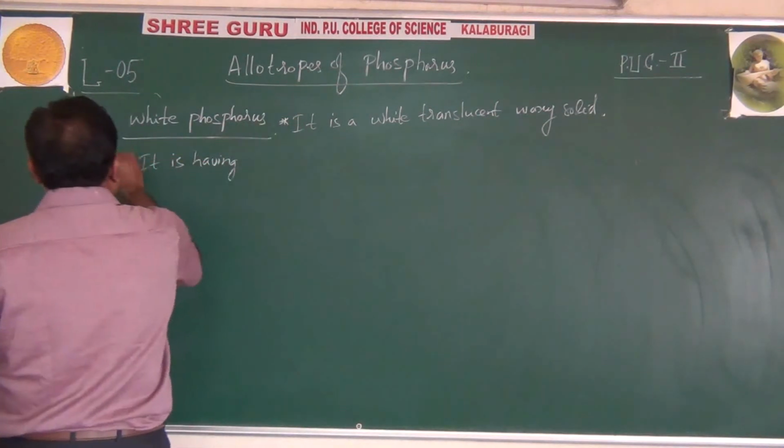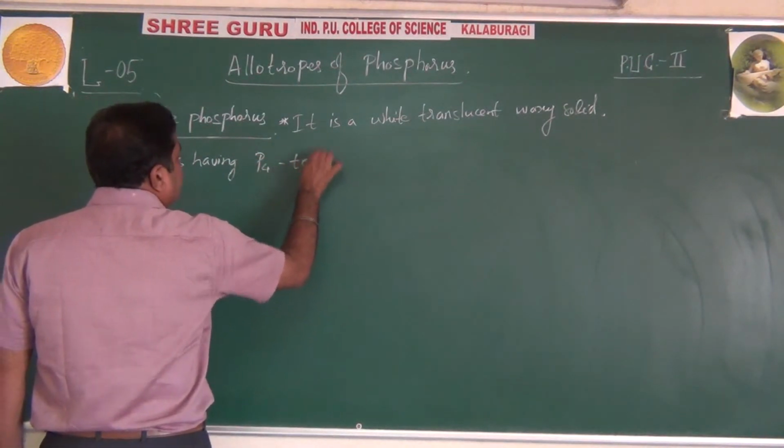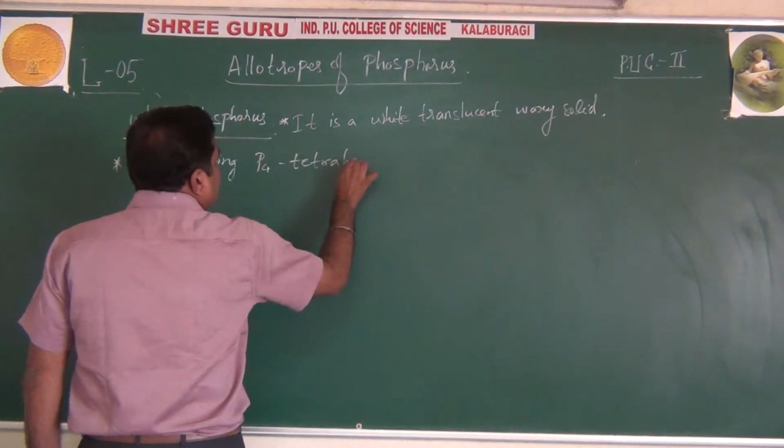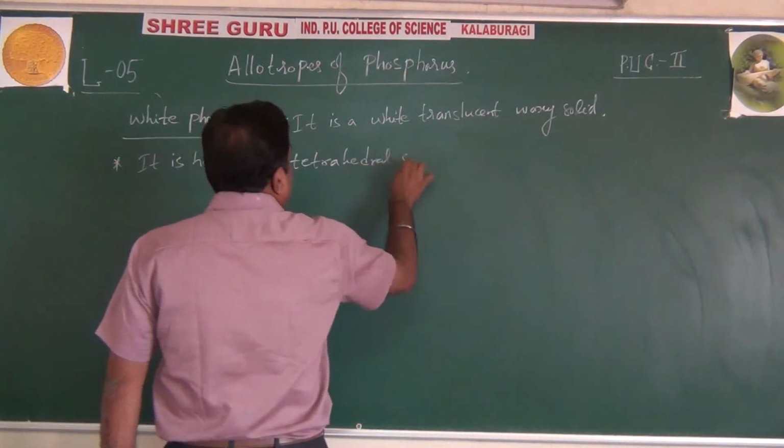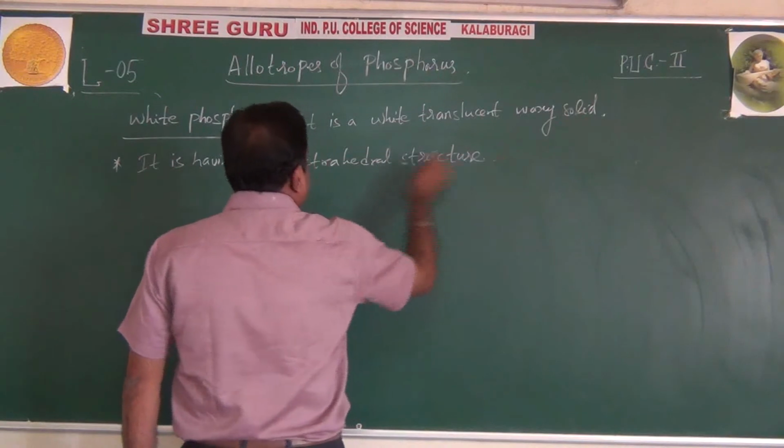White phosphorus is P4, with a tetrahedral structure.